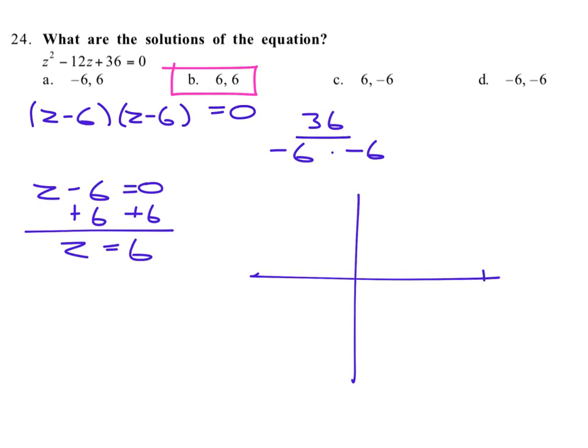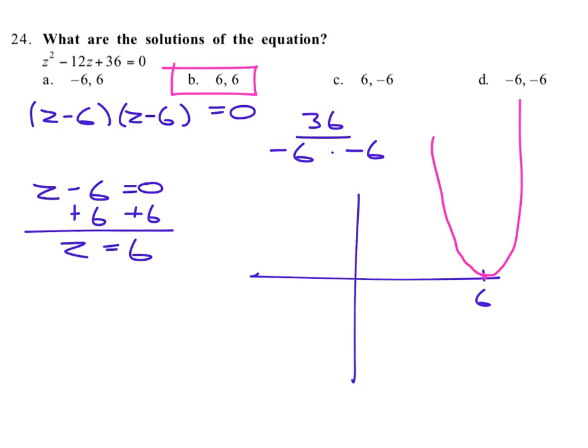So that's actually what's going to happen here at x equals 6. This curve comes down, touches at 6, and then goes back up again, just touching right there, but not crossing. Okay? That's the basic idea.